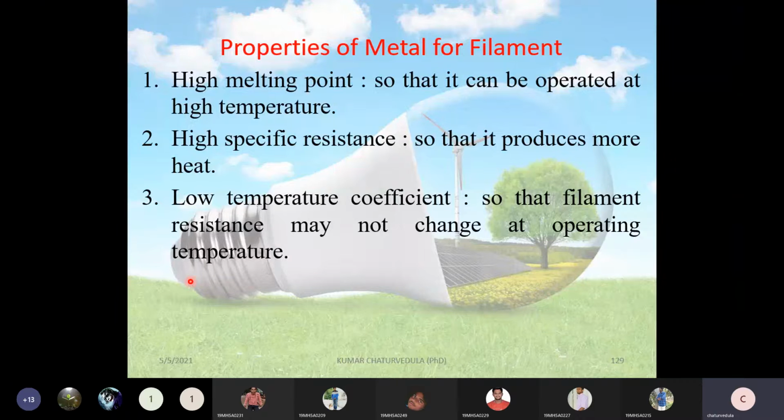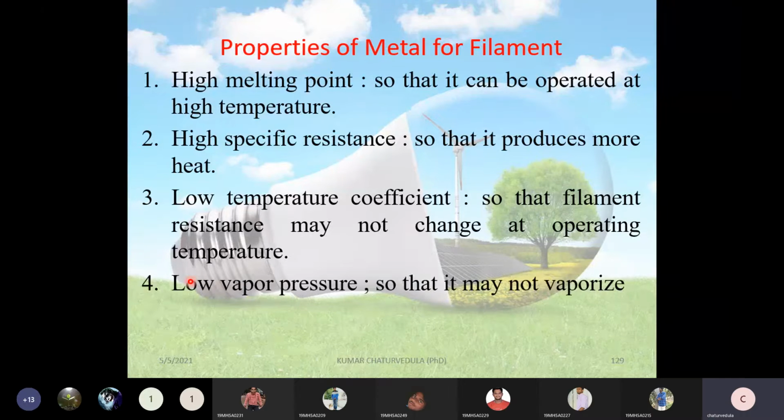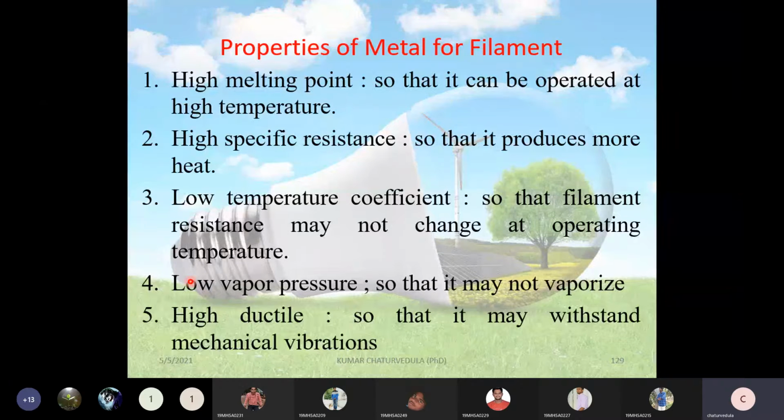Then it should have low vapor pressure, which means the gas we are using, argon or nitrogen, present inside the bulb, should not be vaporized quickly. And last but not least, it should be highly ductile.